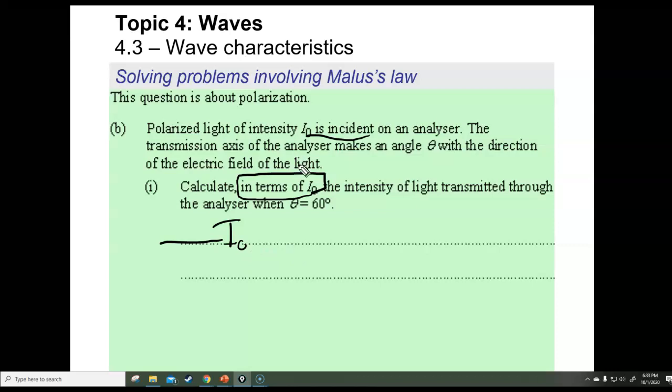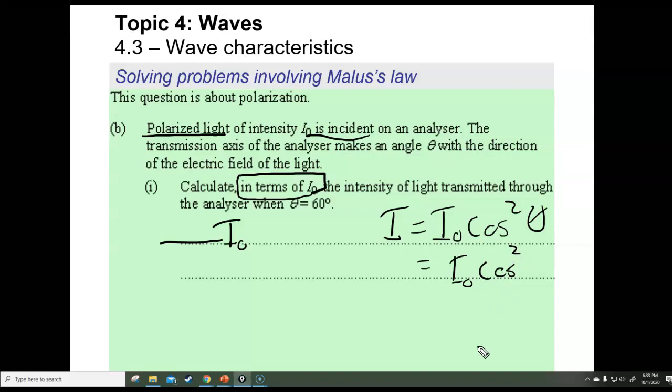Now in this case, this is just a Malus's law question because we have light that has already been polarized. And we're given theta equals 60 degrees. You don't need to know this off the top of your head because you would be able to use a calculator on this question, but it would help if you happen to know that cosine of 60 degrees is 1/2.